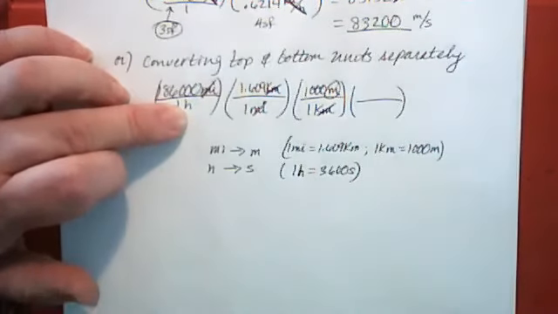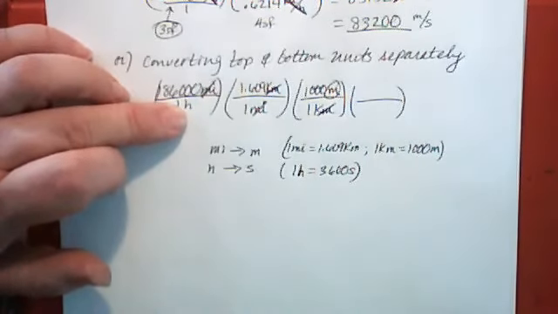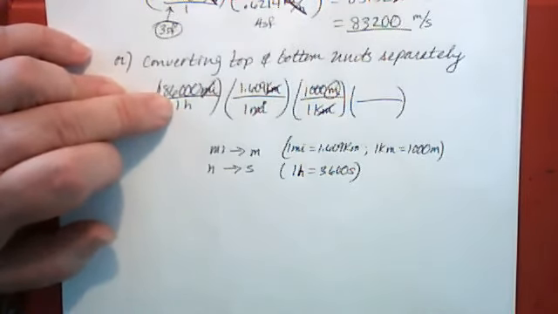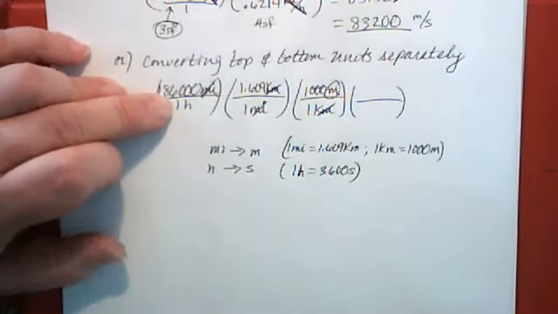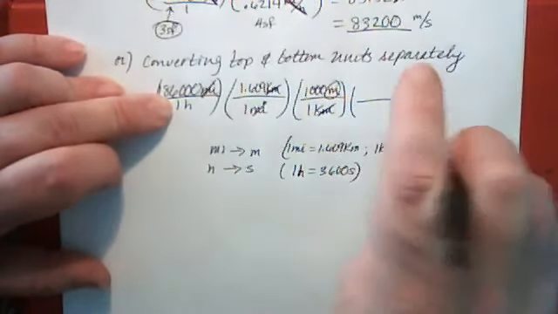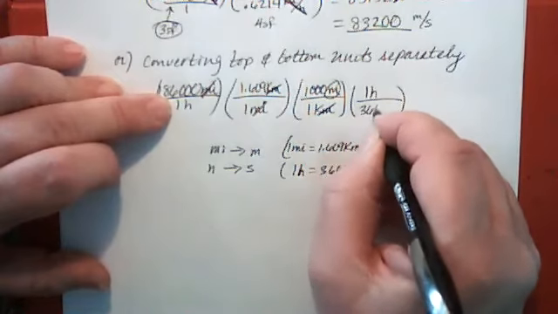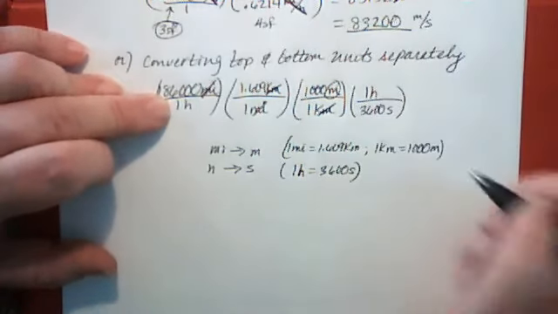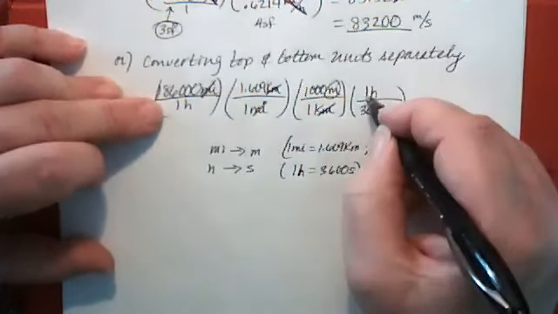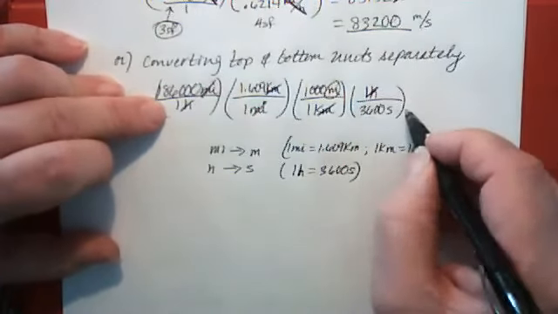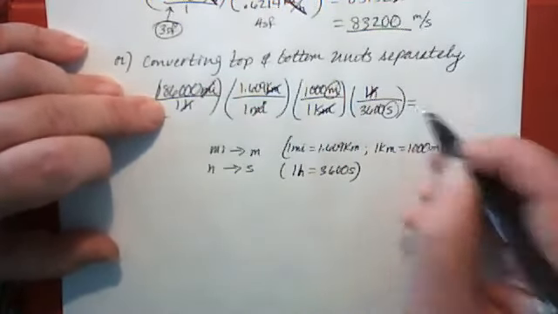When you convert units on the bottom, you do it just like converting units on the top. The only catch is you have to remember that the unit you're converting is on the bottom, which means that in any conversion factors, that unit needs to go on top so that they'll cancel. So we have 1 hour is 3,600 seconds. And so 1 hour goes on top so that it cancels with this hour over here. And 3,600 seconds remains on the bottom.